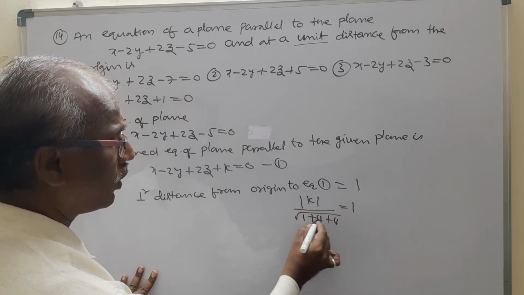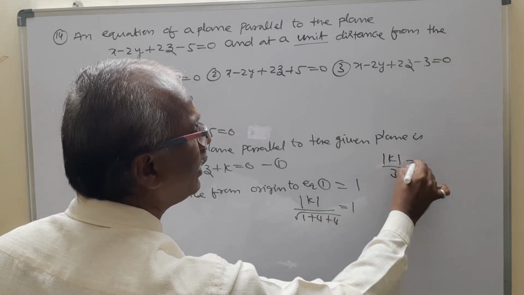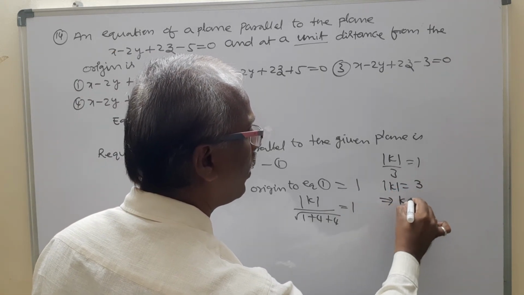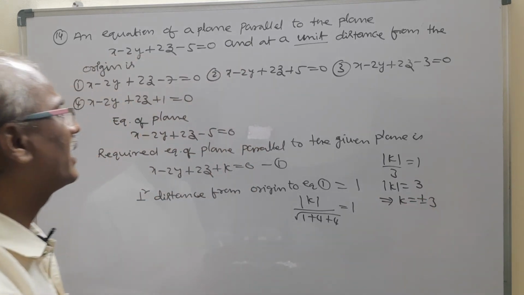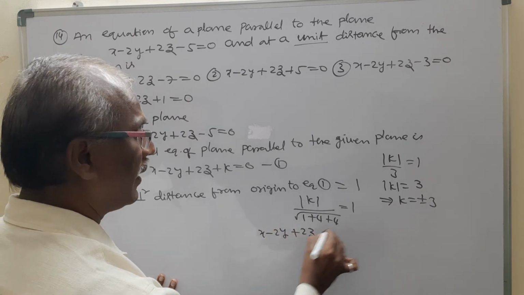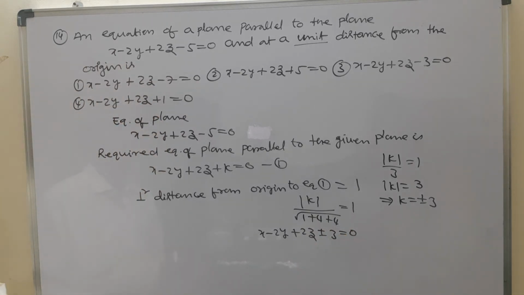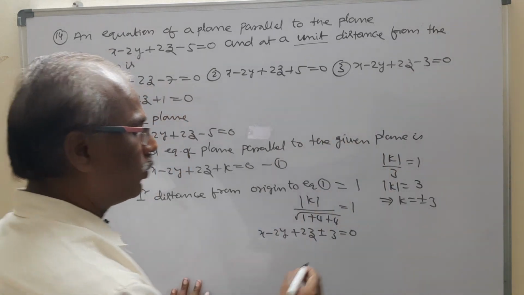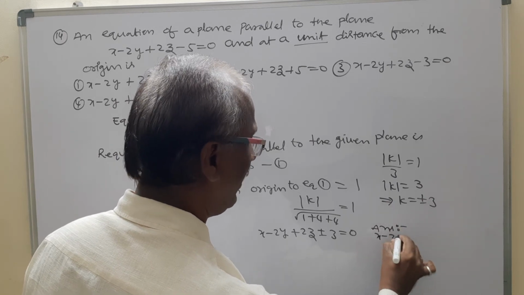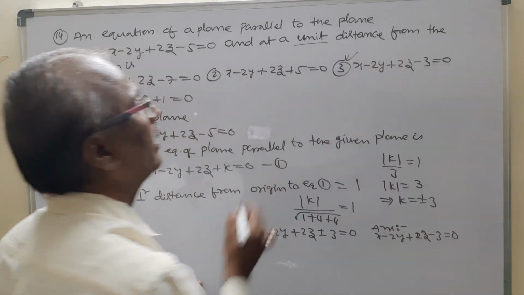Mod k by root of 4 plus 4 is 8, 8 plus 1 is 9, root 9 equals 3. Mod k by 3 equals 1, so mod k equals 3, k equals plus or minus 3. Then the equation of plane is x - 2y + 2z plus or minus 3 = 0. In the options we observe x - 2y + 2z - 3 = 0. This is the correct answer.